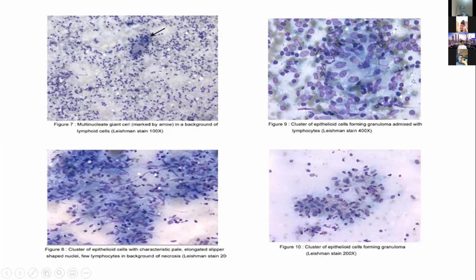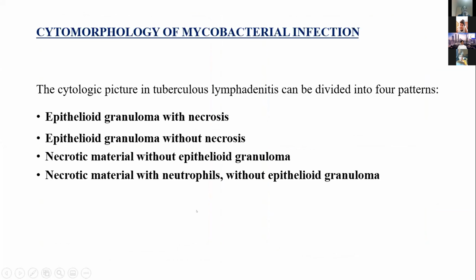Another picture shows a cluster of epithelioid cells forming a granuloma. These are typical elongated slipper-shaped epithelioid cells in the background of small lymphocytes. Here's another picture showing the granuloma. So the first pattern is epithelioid granuloma with necrosis.